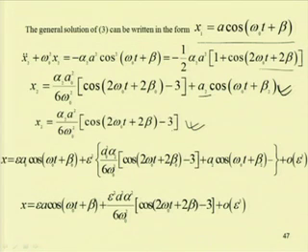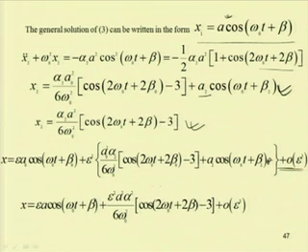So, in the final stage one can find this A and beta, or in the first stage, after finding this, one can substitute it in this equation and obtain the final expression for x in this form: epsilon A0 cos(omega 0 t plus beta 0) plus epsilon square alpha 2 A0 square by 6 omega 0 square into cos(2 omega 0 t plus 2 beta 0) minus 3, plus A2 cos(omega 0 t plus beta 2), plus order of epsilon cube.